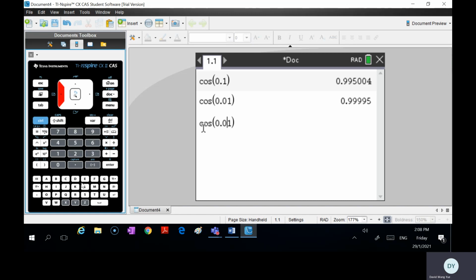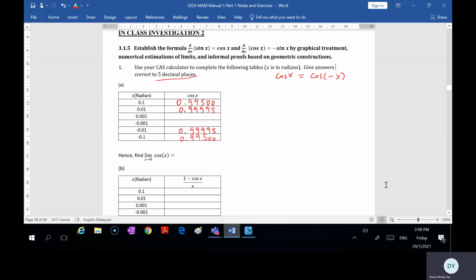Changing to smaller values, it is equal to 1. So here I think you can imagine now, as x goes to 0, the limit of cosine x is equal to 1.